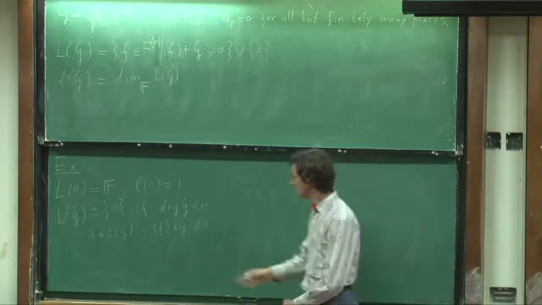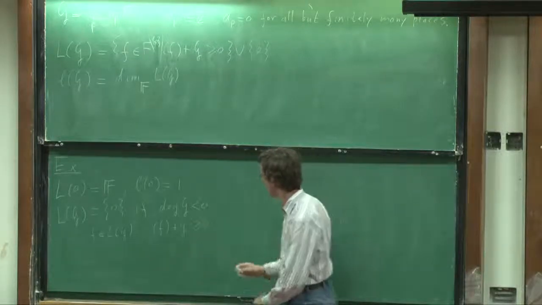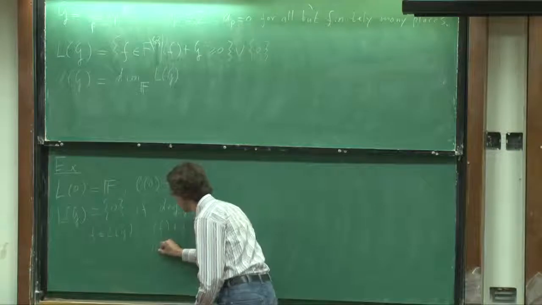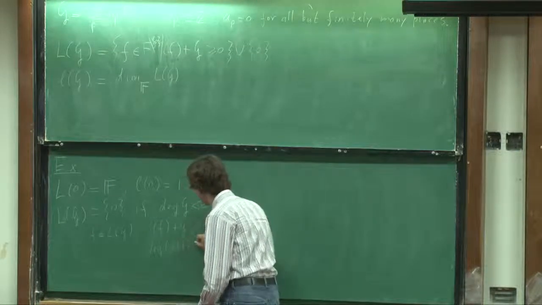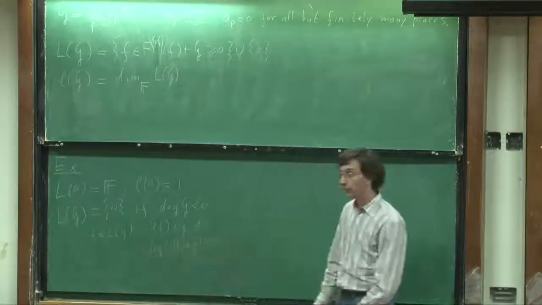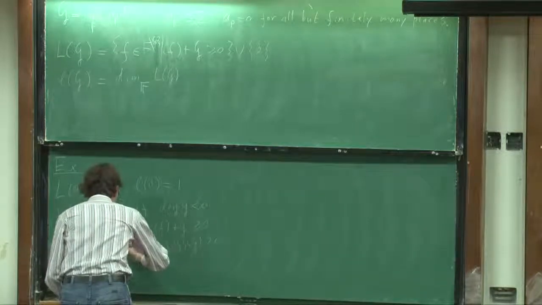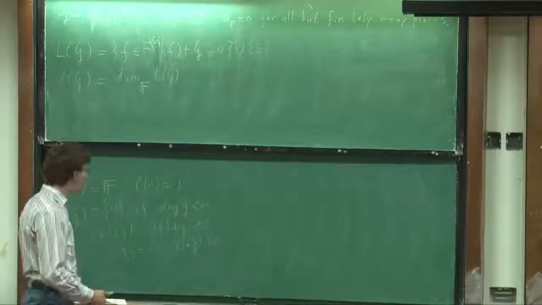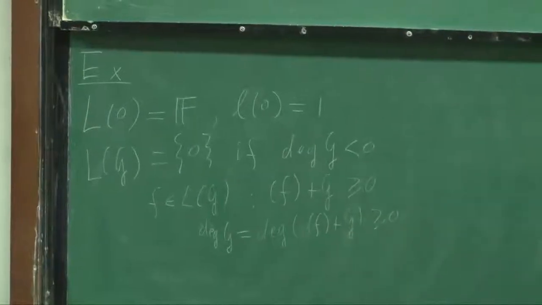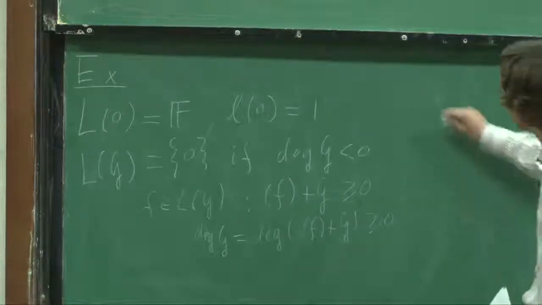Now if we take the degrees on both sides of this inequality, which was this partial ordering on divisors that I mentioned last time, the degree of this whole thing will be forced to be non-negative, but the degree of any principal divisor was 0. So this is exactly the same as the degree of G itself. So if I can really find any non-zero elements in this L space, then the degree of G is forced to be non-negative. So this is one more case where we can say something.